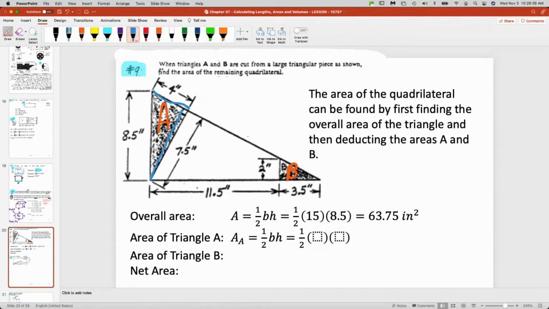Yeah, 7.5 times 4 divided by 2. I didn't check the answer yet, Tamerlan, sorry. 15, thank you.